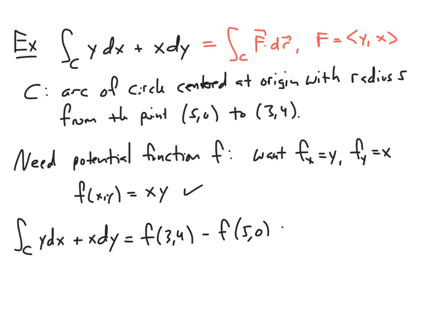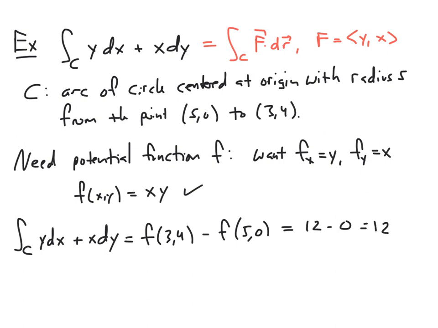The function just multiplies these numbers together. So we have 12 minus 0, which is 12. So the value of this integral, using the fundamental theorem of line integrals, and ignoring the fact that the curve is an arc of a circle, we can simply compute the function at the endpoints, and subtract to get 12.